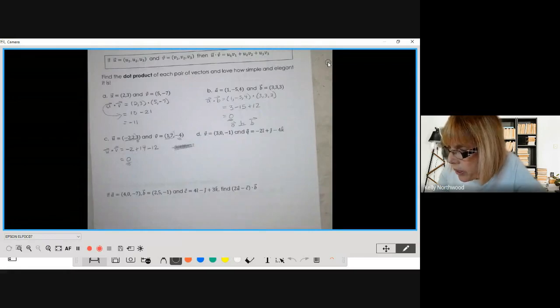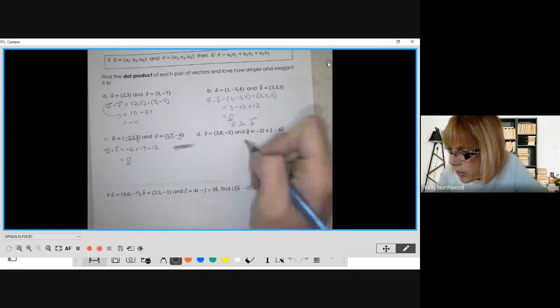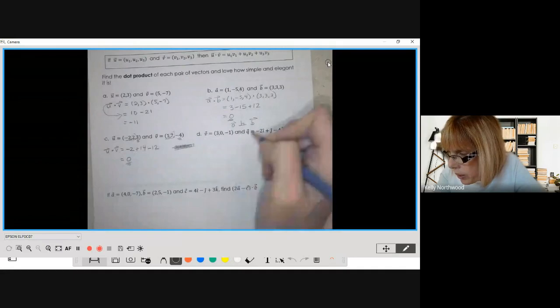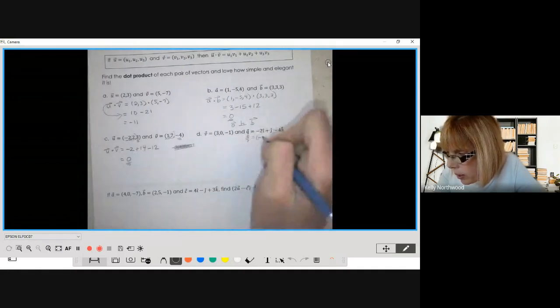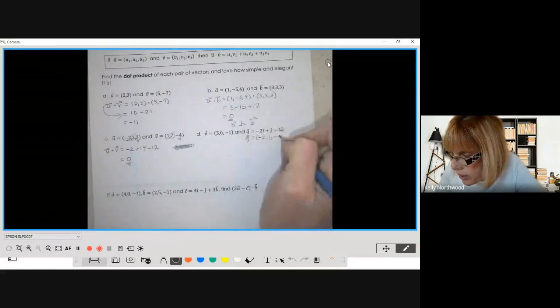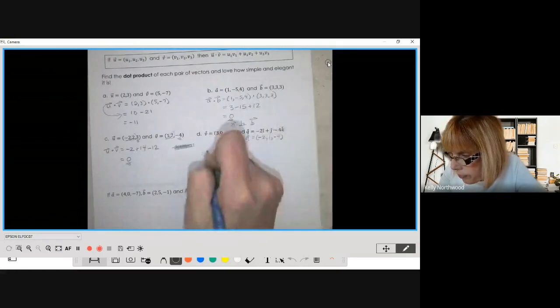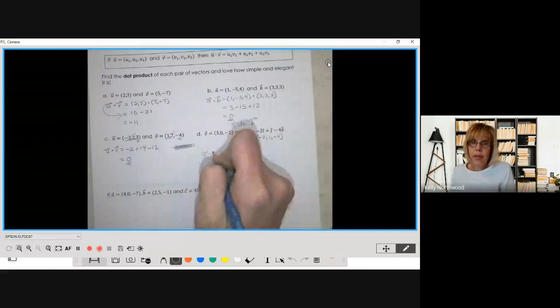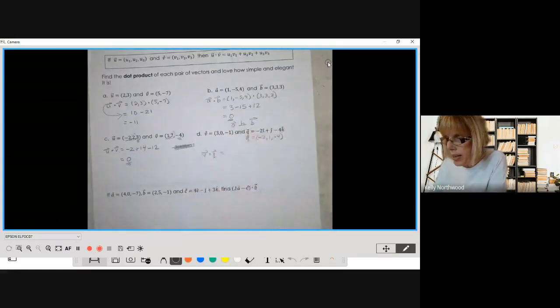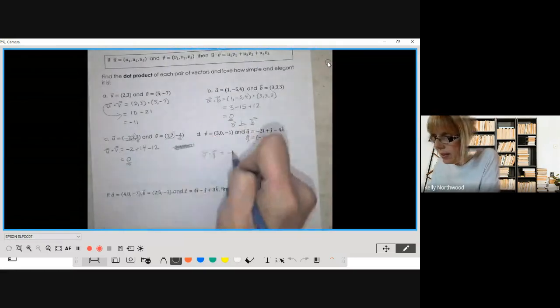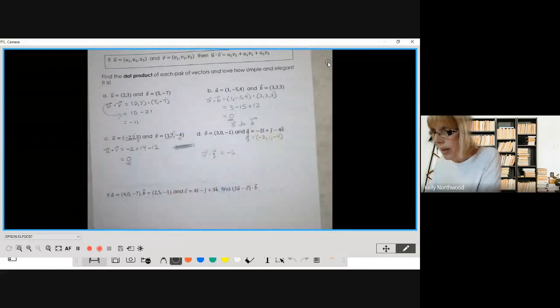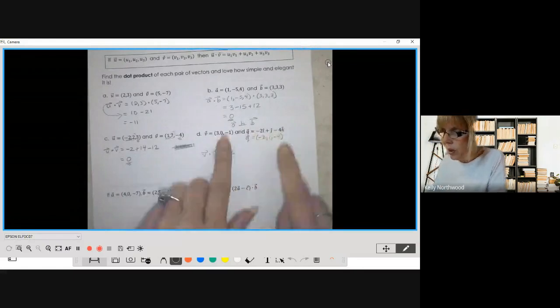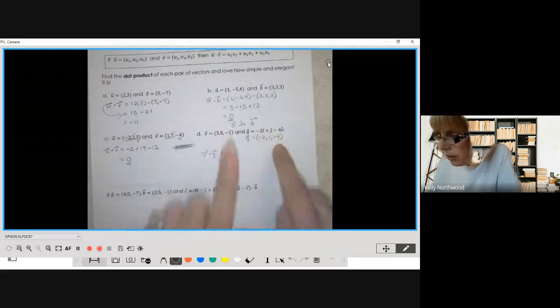And then here, Q is given to us not as an ordered triple. So the first thing I would do is rewrite Q as an ordered triple, negative 2, 1, negative 4. And then I'd find V dot Q. So I'm going to multiply 3 times negative 2, which is negative 6. Add 0 times 1, which is 0, so I don't even have to show that. And then add negative 1 times negative 4, which is positive 4.